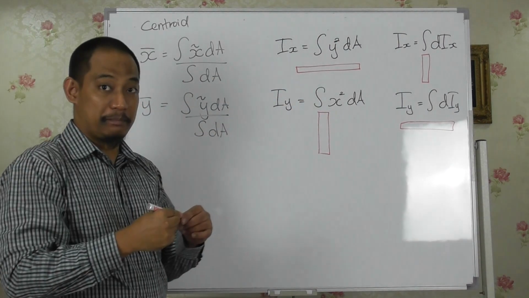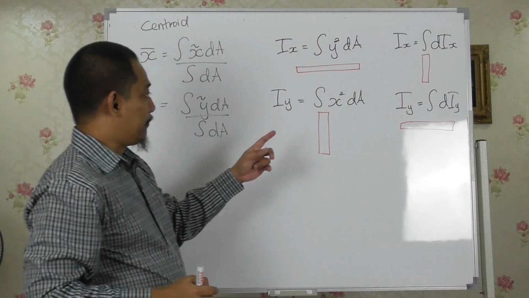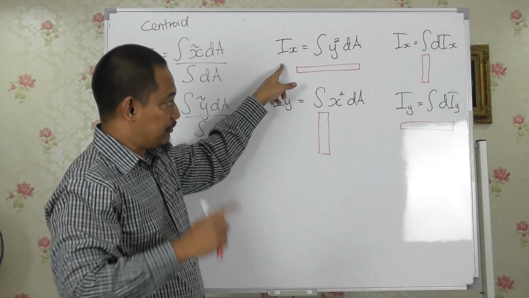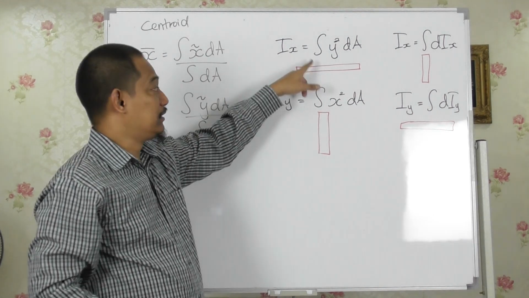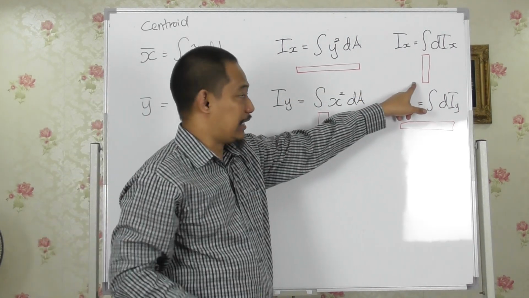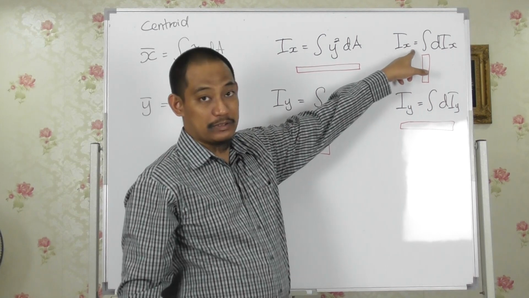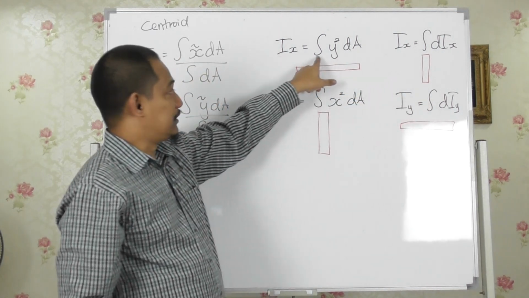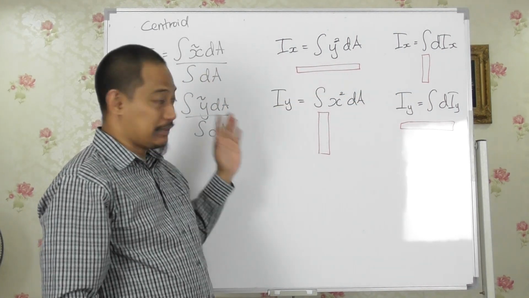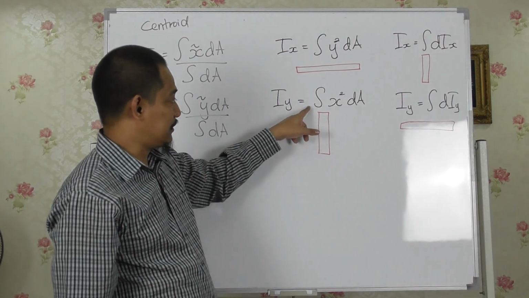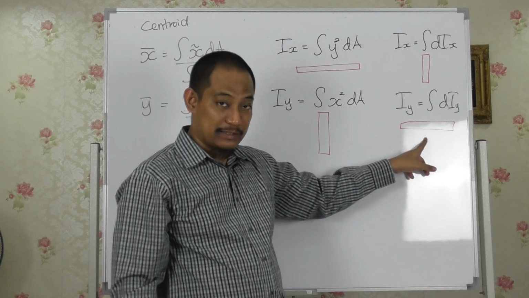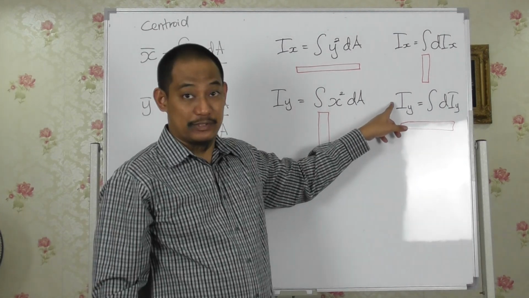So you cannot mix, meaning that for Ix, if you want to use a horizontal element, then this equation is valid. But if you want to use this element, you must use this equation. If you use this element and this equation, that is wrong. Similarly for Iy, if you want to use this element, this is the equation. But if you want to use this element, this is the equation, right?